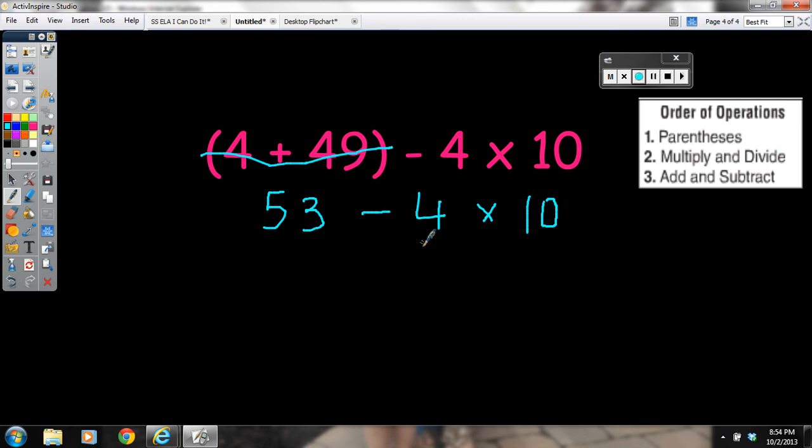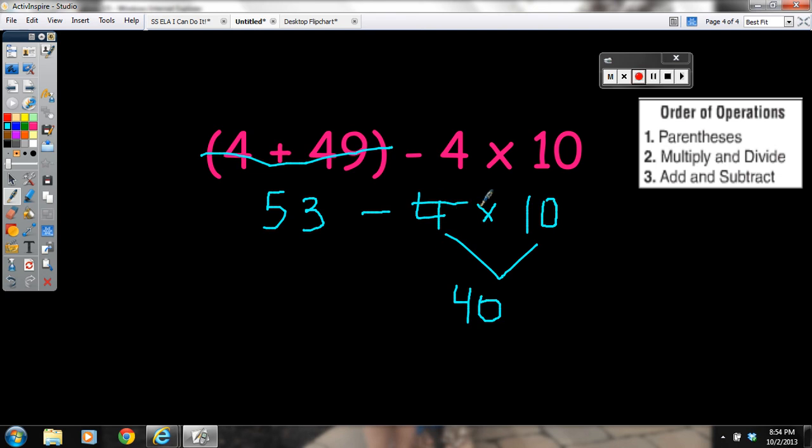And now I have a new expression here. I'm left with subtraction and multiplication. Looking at my order of operations, I could see that the multiplication has to come before the subtraction. That means I need to take this 4 and this 10 and multiply them together. And I know that 4 times the 10 gets me 40.